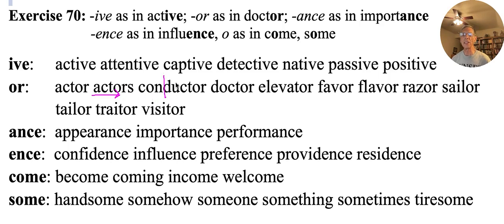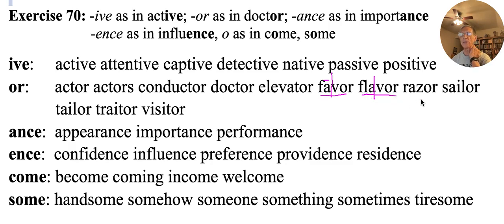Next is a conductor, like in a symphony, or the conductor on a train. Next we have a doctor. A doctor helps keep us healthy. Next is an elevator. In a building, you can go up several floors taking the elevator. Favor. Do me a favor. And the A is long because it's at the end of the syllable there. Again, you add an L to favor and you have flavor.